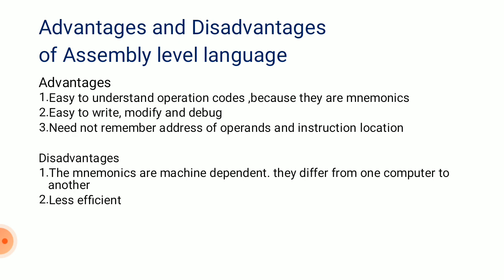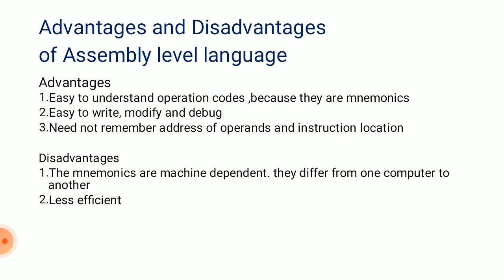Whereas the disadvantages are, the mnemonics are machine dependent. As I have told, machine dependent means whatever the code you write in one machine, it cannot be executed on the other machine.